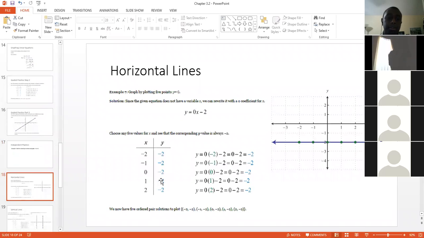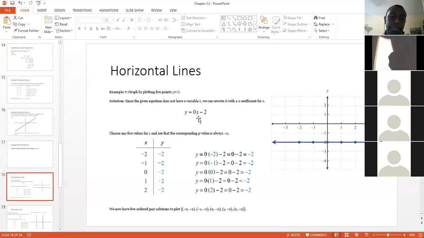Okay. So the next thing we're going to go over is horizontal lines. Some lines are not diagonal lines. Some lines are actually horizontal. Some are vertical. So let's look at an example of a horizontal line. Graph the following points. y is equal to -2.